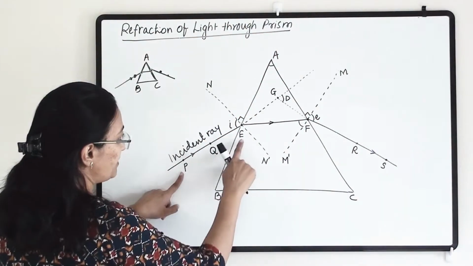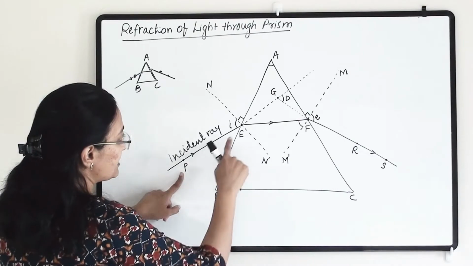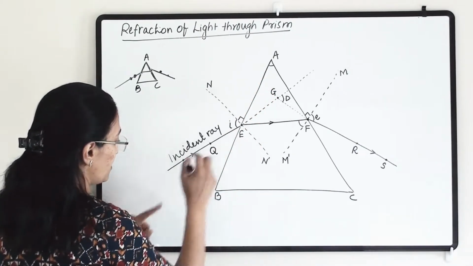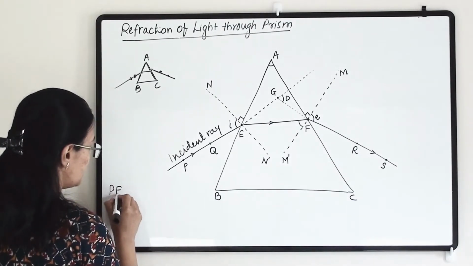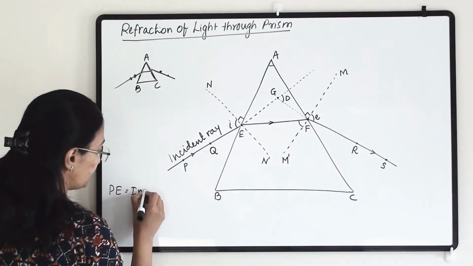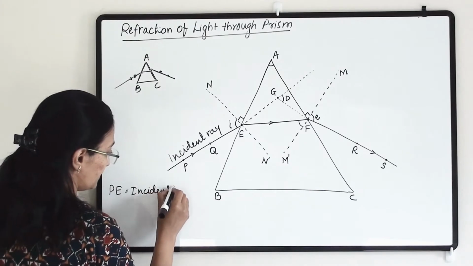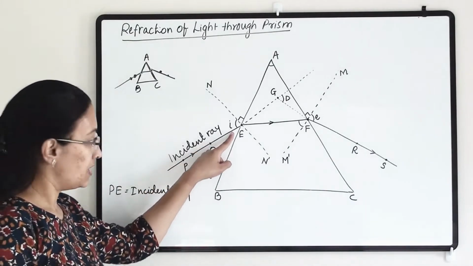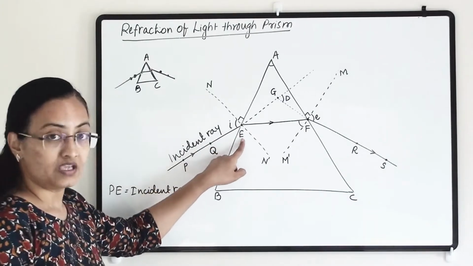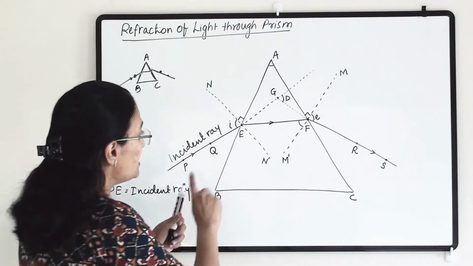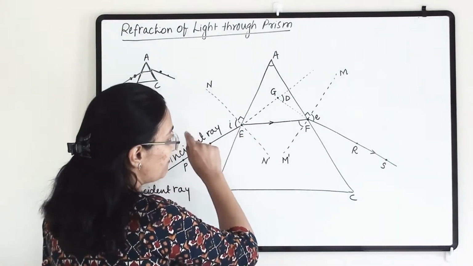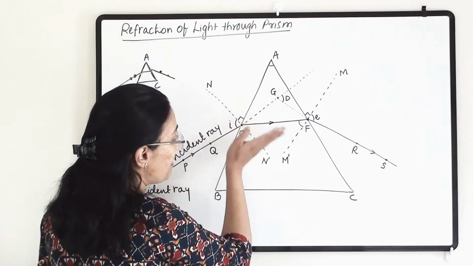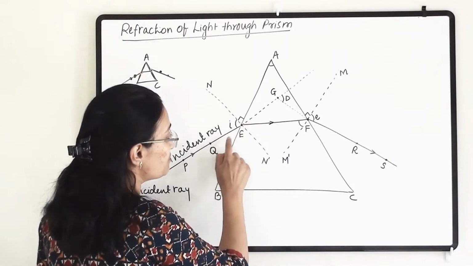I am taking P and E because this ray meets the refracting surface AB at E, so PE is going to be our incident ray. Incident ray means the ray which falls on the surface of the prism and meets it at E. Now EF is the ray traveling inside the prism, and we can see that it has bent because it has changed its medium.